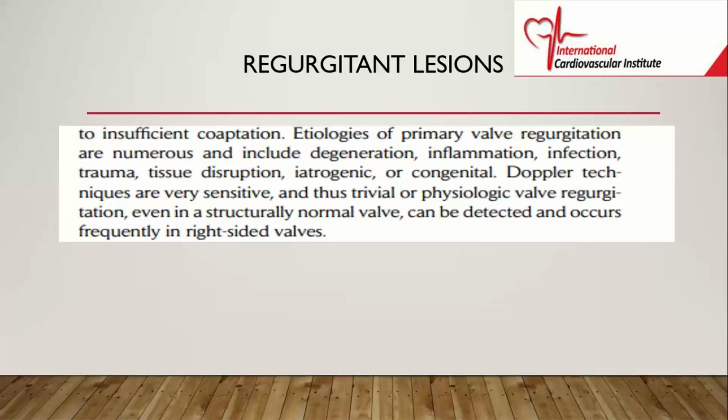And those of you who do scanning know that especially with color flow Doppler, or even pulse wave Doppler, we can pick up very small amounts of regurgitation, sometimes called physiologic valvular regurgitation, even though the valve looks normal.